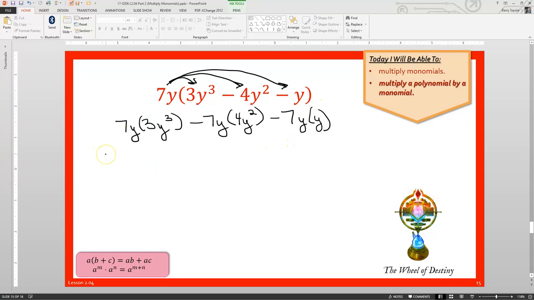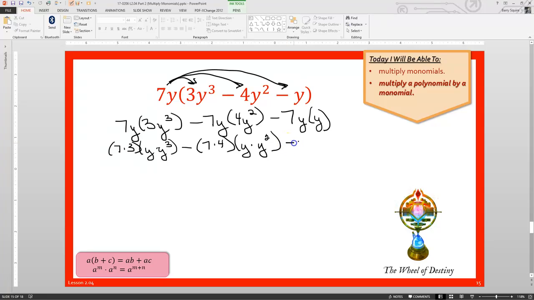Okay, now I'm going to use those 4 steps that we used for monomial times monomial. So I'm going to combine or group together my coefficients, 7 times 3, and then y times y cubed. Then minus 7 times 4 times y, times y squared.